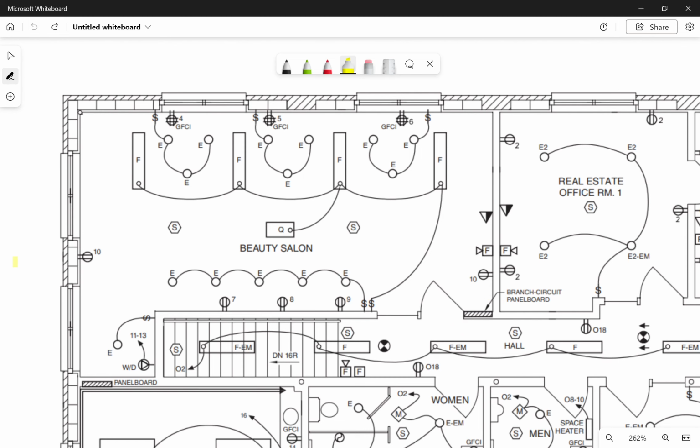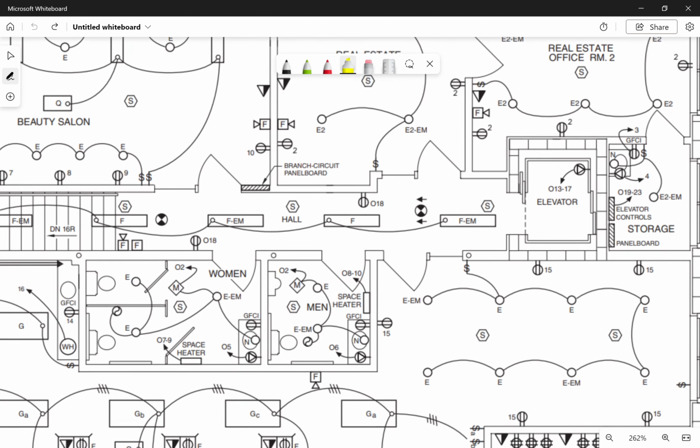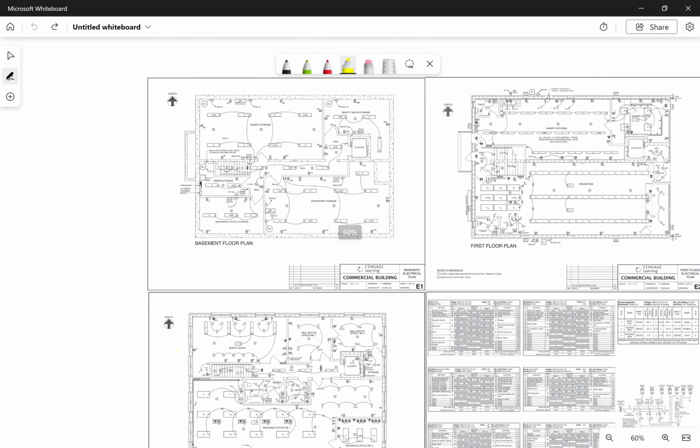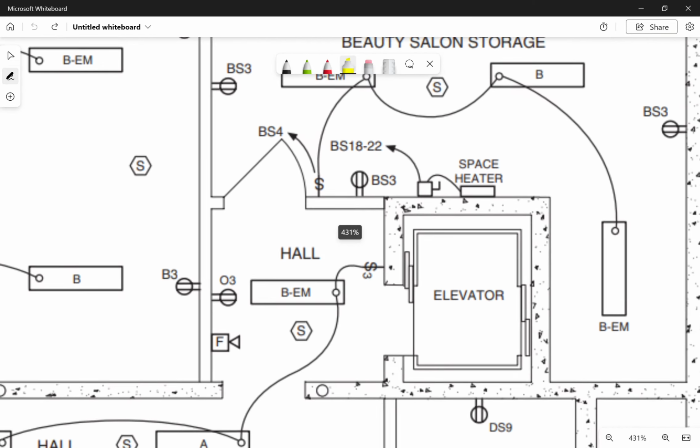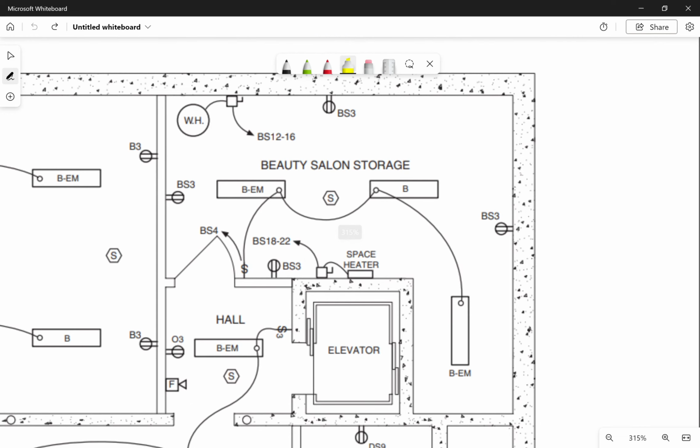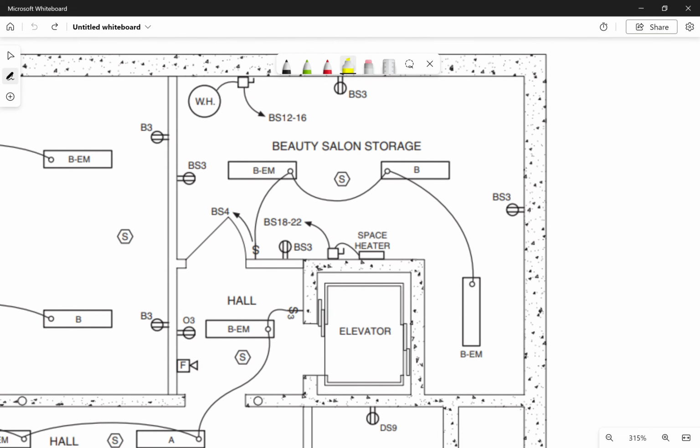And so if we follow that to the basement, we can see that our beauty salon has a storage area in the basement, and all of the receptacles are labeled with a BS3, which is telling us that these receptacles, that 3, it's going to be circuit number 3 in the beauty salon panel.